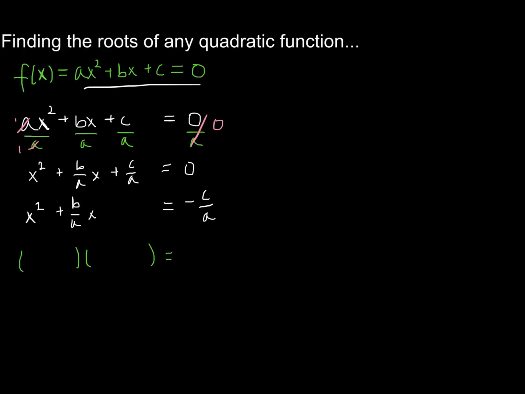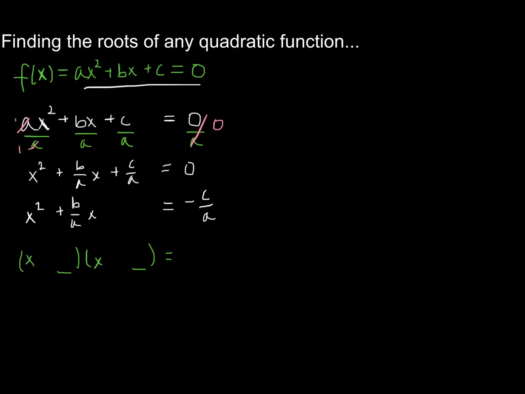And I know that each of them is going to have an x to the first term, because x times x is x squared. Now we can use our knowledge of the multiplication of these pieces, the missing link. I'm just going to put a little blank here. We know that when we multiply this times this, we'll get whatever this missing value is, and when we add these two together, we'll have to end up with b over a.